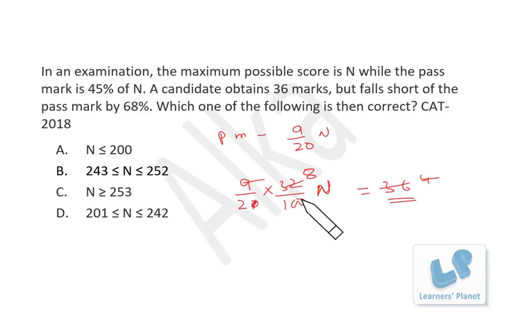This 0 I take it over here, so it is 125. So n is equal to 250, right? So we have to find out the range, from 252 to 243. Okay, so that's pretty clear. Pretty simple question, 22nd question from the CAT 2018 paper.